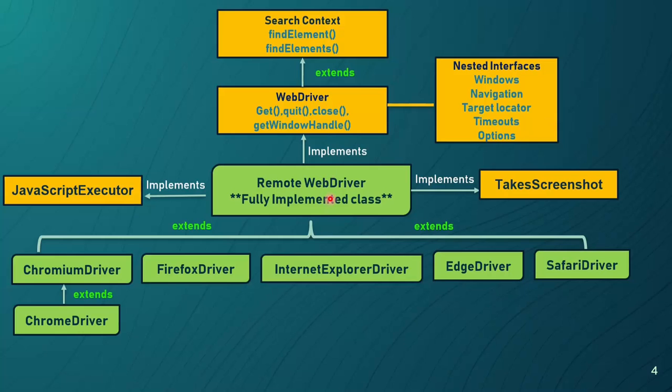Next, we have the remote WebDriver. This is a fully implemented class which implements the WebDriver interface. Here you can see it is a fully implemented class where all the abstract methods coming from the search context and the WebDriver are implemented in this particular class.